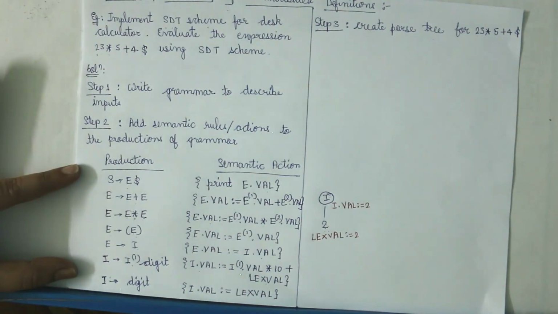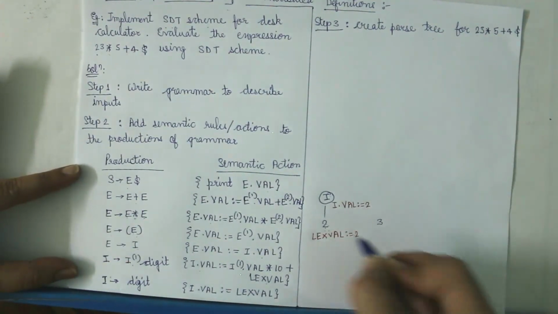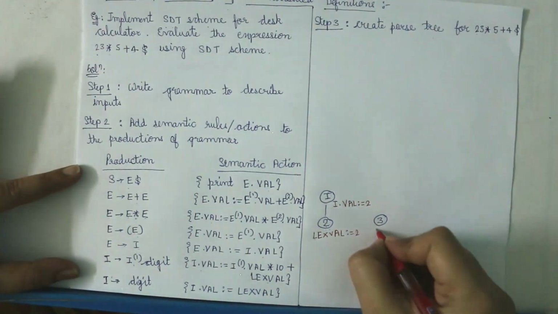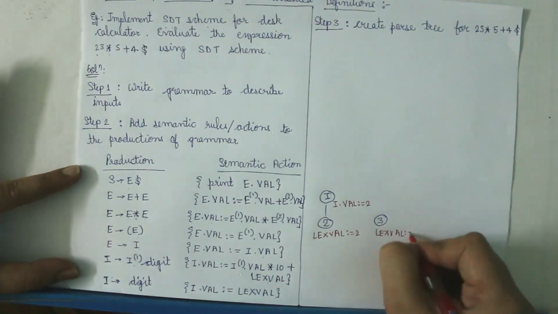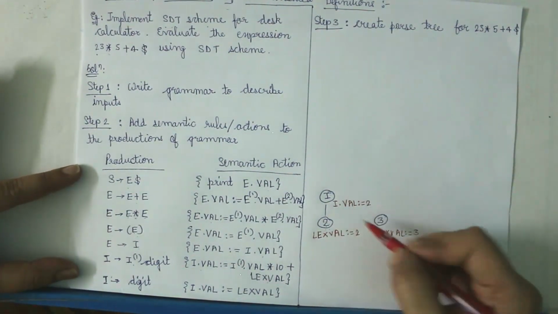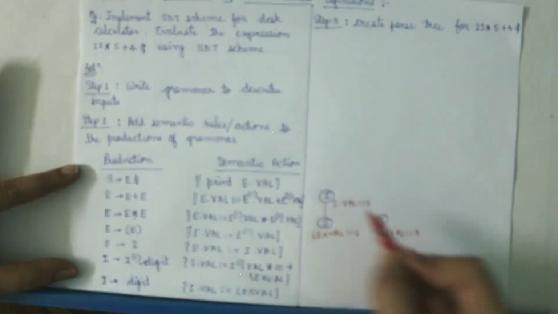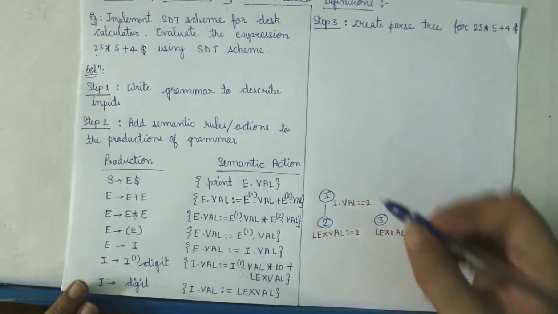Next step is to take the next digit, which is 3. So I got 3 now. After taking this 3, the lexval of 3 is again 3. Now I have to club I and digit. So this is I and digit. I digit becomes I, and simultaneously perform this semantic action.